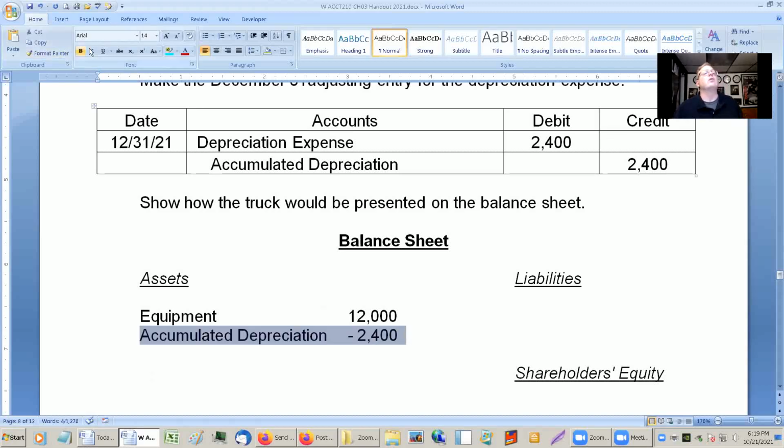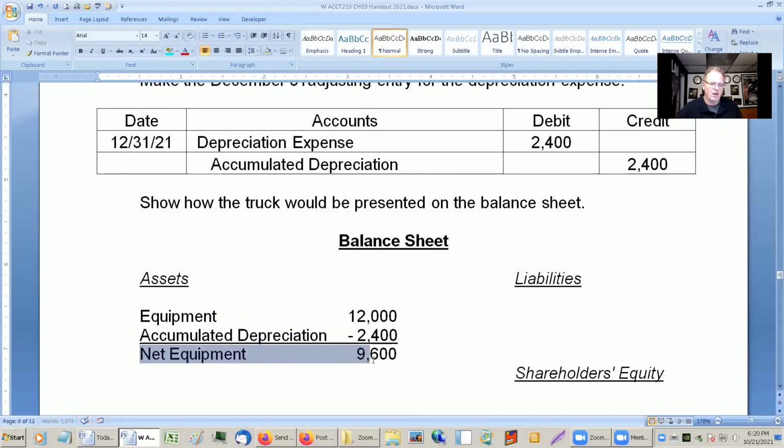Yeah, so this was worth 9,600, you said? Yep, 9,600. And this is what they would show on their books for the value of that equipment.